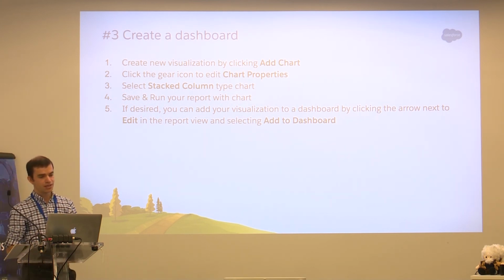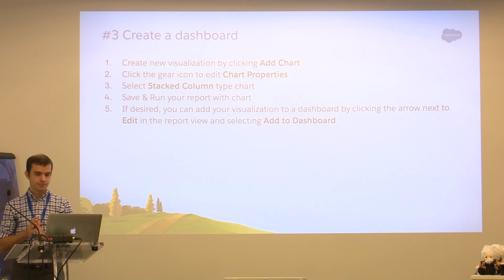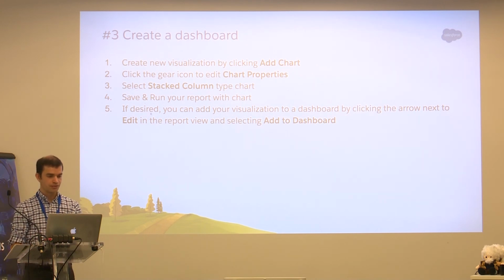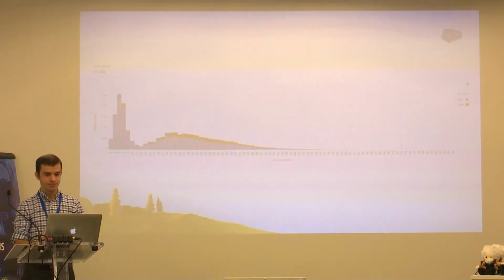What you want to do is click on the little gear icon to edit chart properties. That's the lower gear, not the higher one, not the setup. The one near the chart. And you choose a stack column, okay? And you can ignore 5, you can just run it. And then once you've done this, you'll get this.